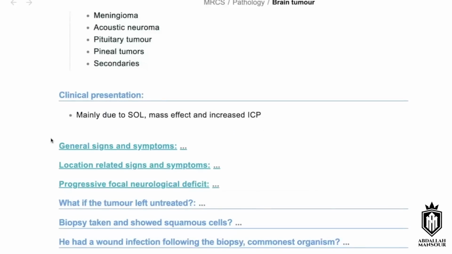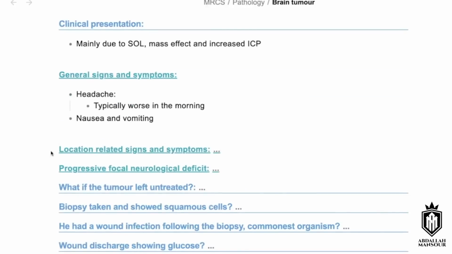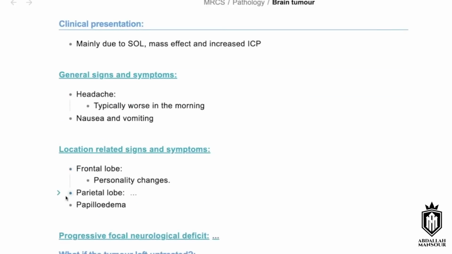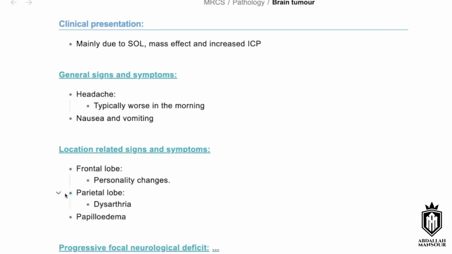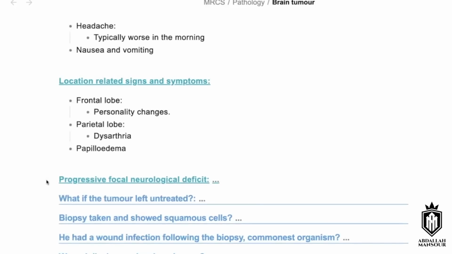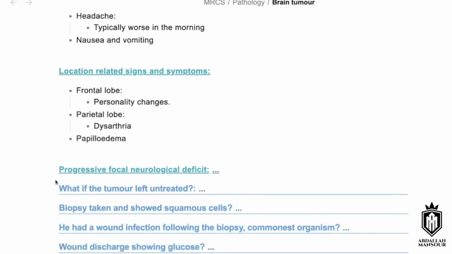Yeah, well done. So you can classify the general signs and symptoms of raised intracranial pressure, such as headache, nausea and vomiting, and local signs. In the frontal lobe, they can have personality change. In the parietal lobe, they can have motor deficit and dysarthria, and papilledema as well due to increased intracranial pressure, with progressive focal neurology, exactly as you mentioned. What if the tumor is left untreated?